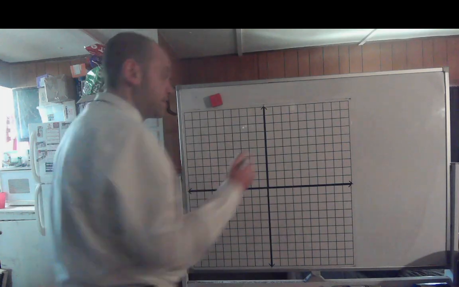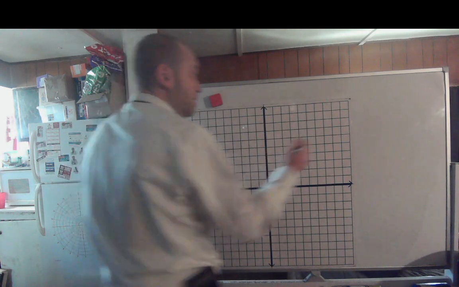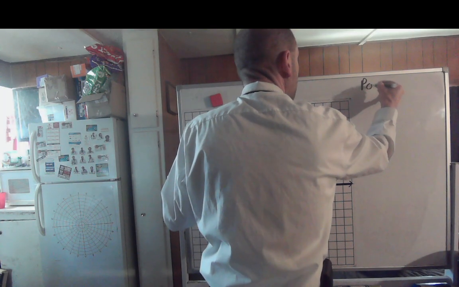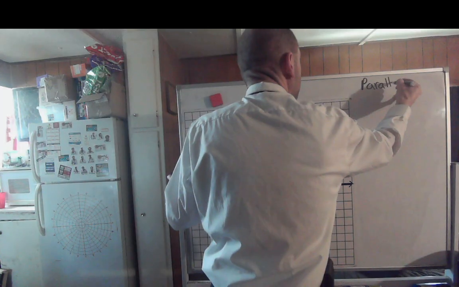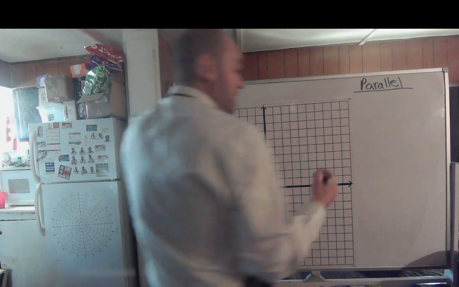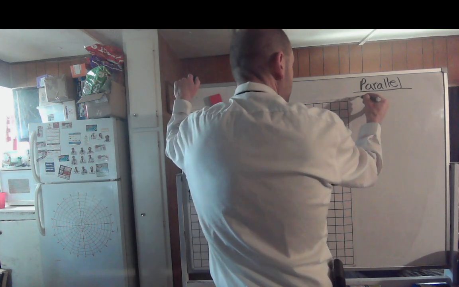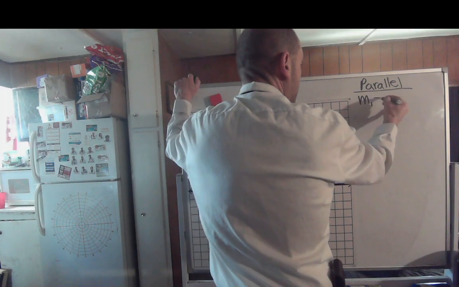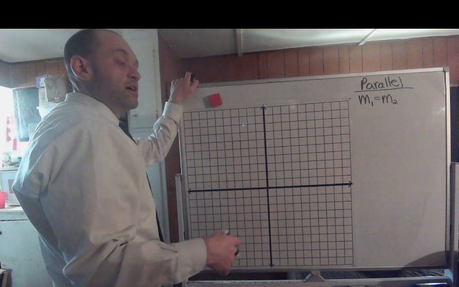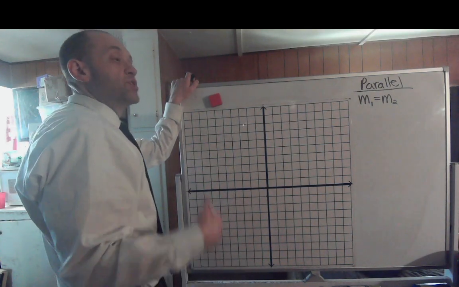So we remember that if two lines are to be parallel, the slope of the first line exactly equals the slope of the second line. That's how you know that the lines are parallel.